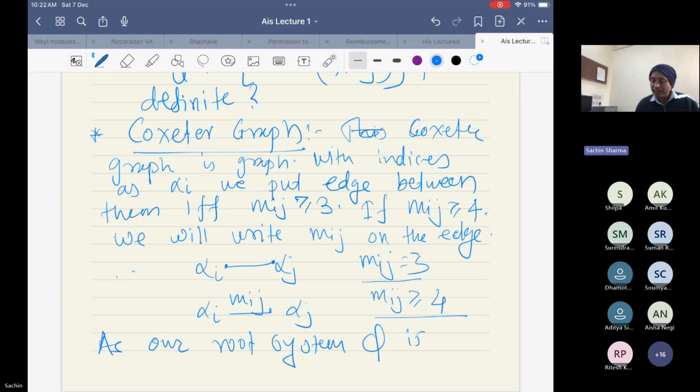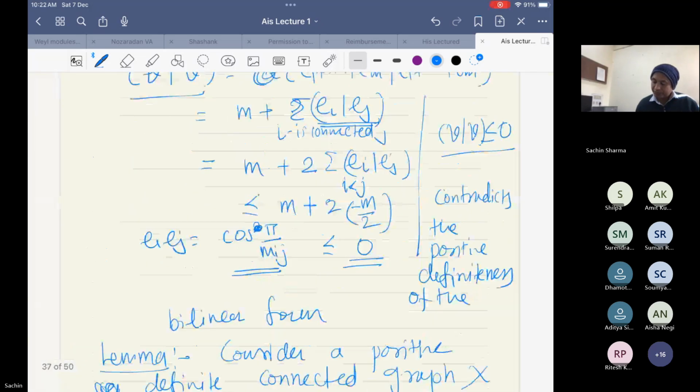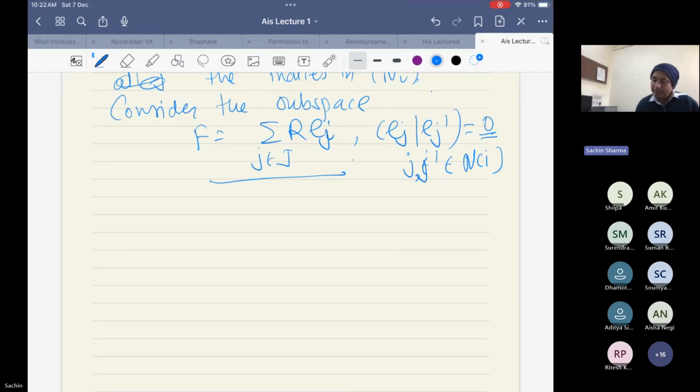So when you have no edge, the m_ij is 2, and cos(π/2) is 0, so this inner product is equal to 0. So these are all orthonormal vectors, the e_j's, j belonging to N_i.